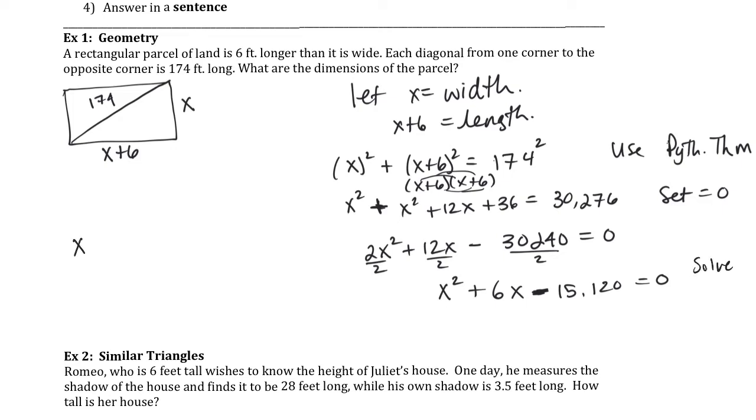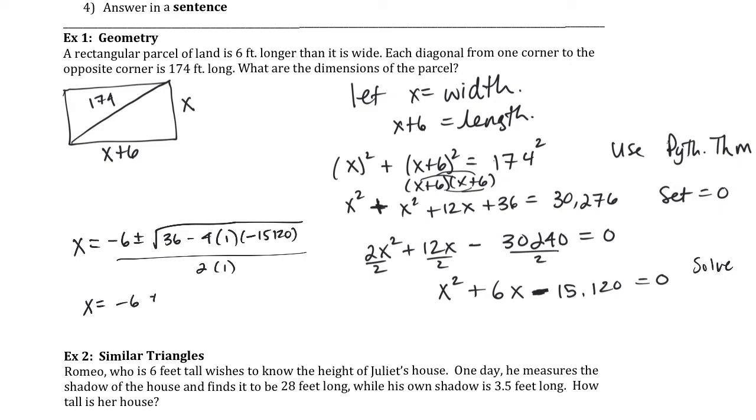Okay, so just using the quadratic formula, opposite of b, so it'd be negative 6 plus or minus the square root of b squared, so 36 minus 4 times a times c, which is negative 15,120, all over 2 times a. And then we just pull out our calculator. Negative 6 plus or minus, that ends up being the square root of 60,516.